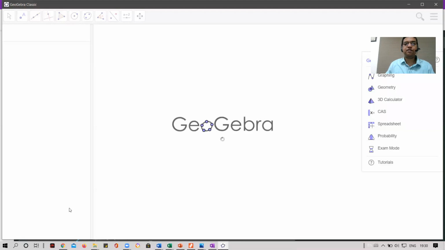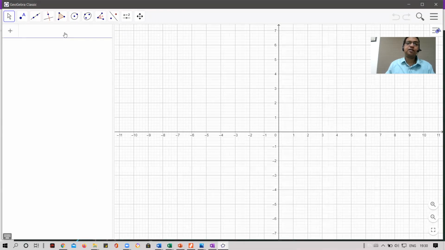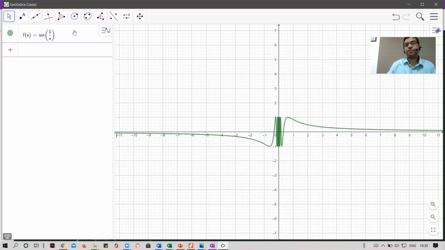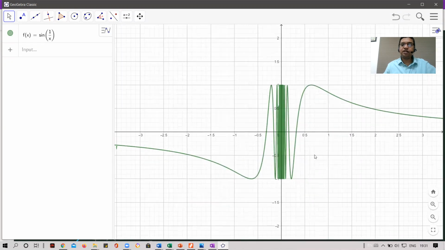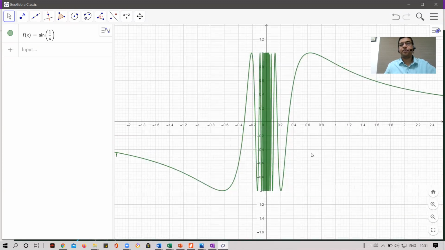I'll just show you a graph of sine 1 upon x. This is an oscillatory function. You will appreciate the definition of limit when you understand this function, sine 1 upon x.